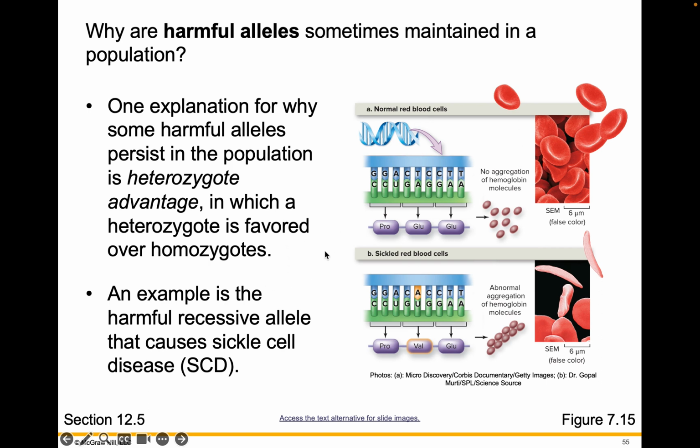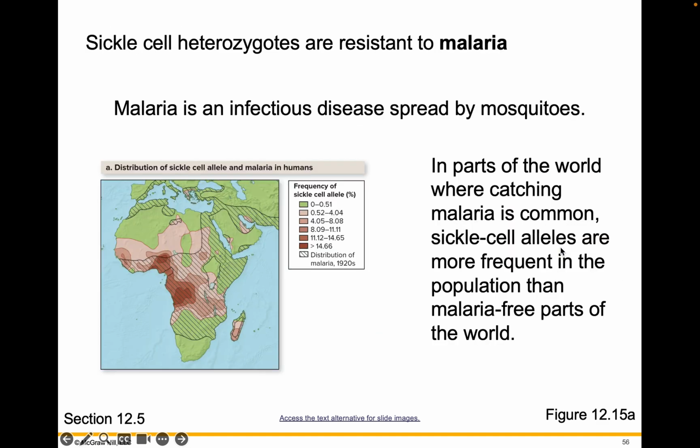If you happen to have 2 copies, if you're homozygous recessive for the sickle cell allele, then you will have sickle cell disease, where your blood cells are shaped kind of like a crescent moon, and it causes a lot of problems because these will become plugged up or blocked up in your blood vessels. It can cause pain, anemia. It can be a real problem for your health.